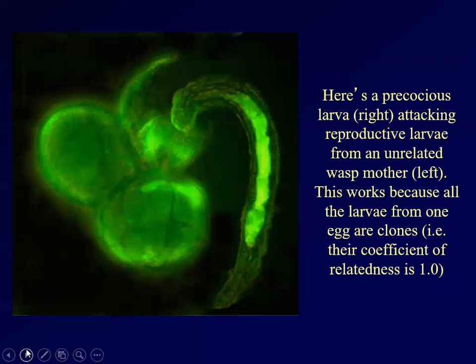Am I making sense there? So yeah, that is an extreme case of inclusive fitness, where the altruists are in fact genetically identical with the individuals they're giving up their lives for.